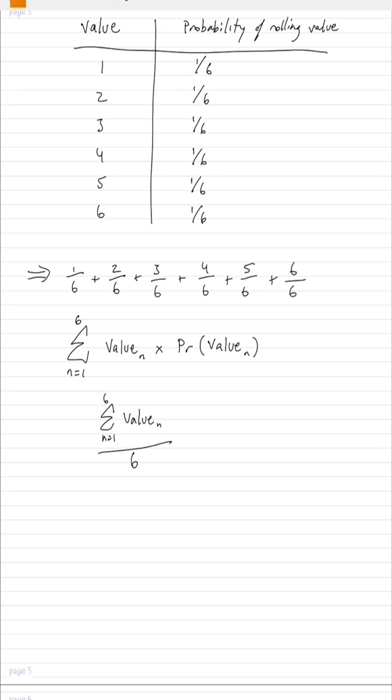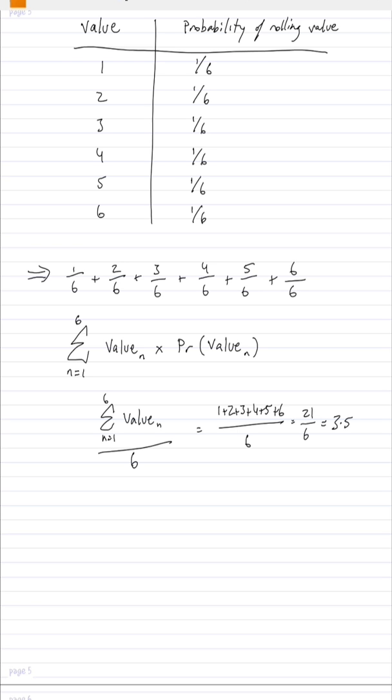When we complete that, it equals 1 plus 2 plus 3 plus 4 plus 5 plus 6 over 6, which equals 21 over 6, which equals 3.5. Easy to see, halfway between our lowest and highest values, given they're equally spaced.